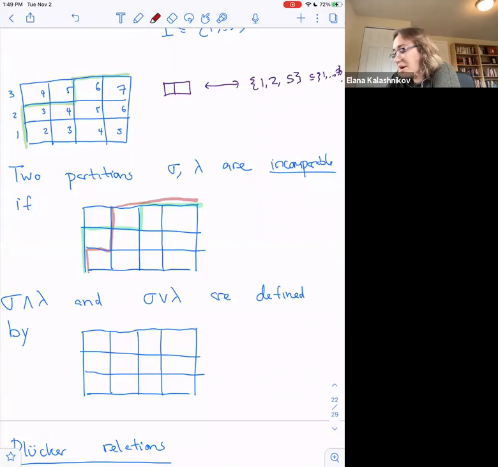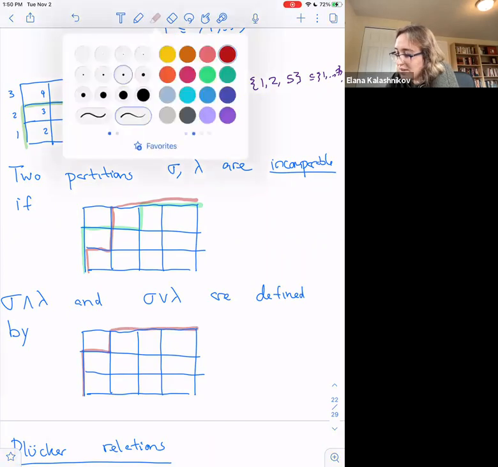Whenever you're given an incomparable pair, you can define a maximal and a minimal partition, where you just take the one which follows the top path and the one which follows the bottom path.